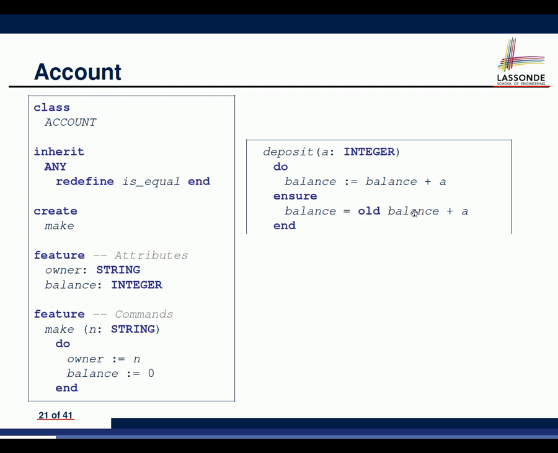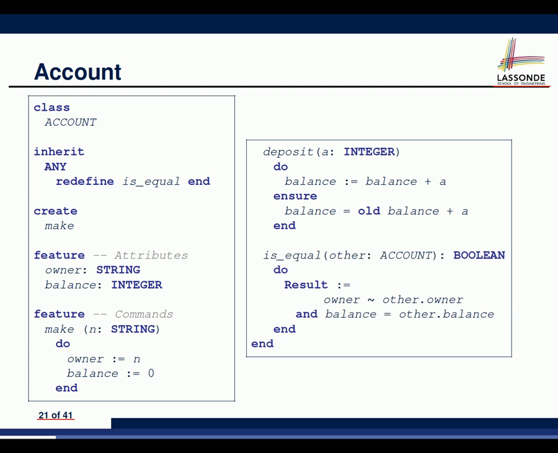Also we have is_equal here. For is_equal, we simply make sure the owner is the same and the balance is the same. One more thing to mention quickly: because balance is of type integer, and as I mentioned before, integer is an expanded class, the equal sign here compares the contents, not just the reference. Just a minor detail for you.